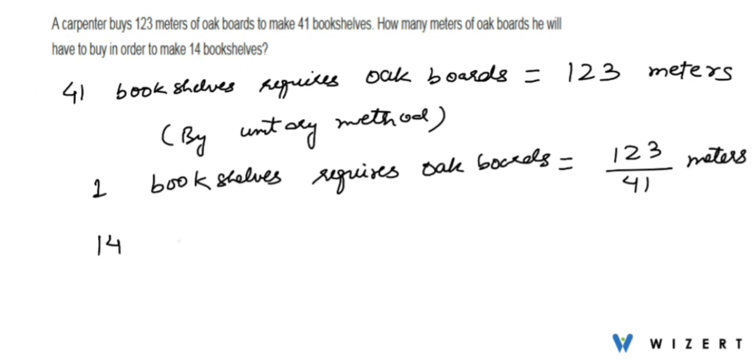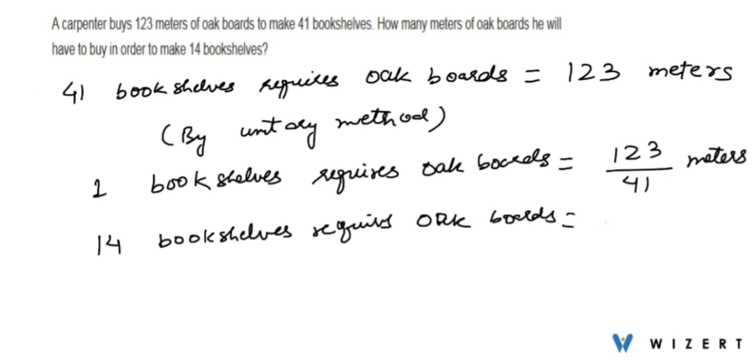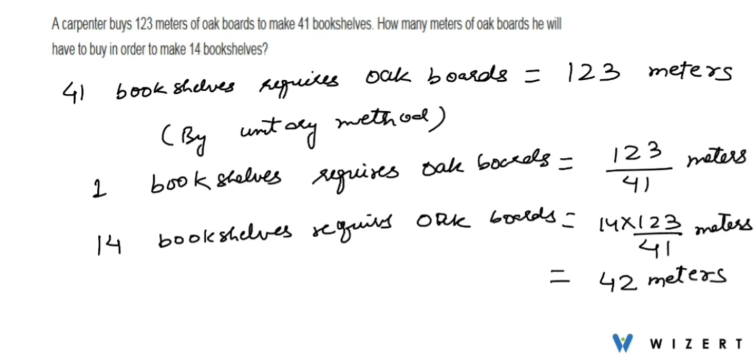So using the unitary method, 14 bookshelves require oak board which is equal to 14 multiplied by 123 divided by 41 meters. If we simplify it, it will be equal to 42 meters. So 42 meters is our answer.